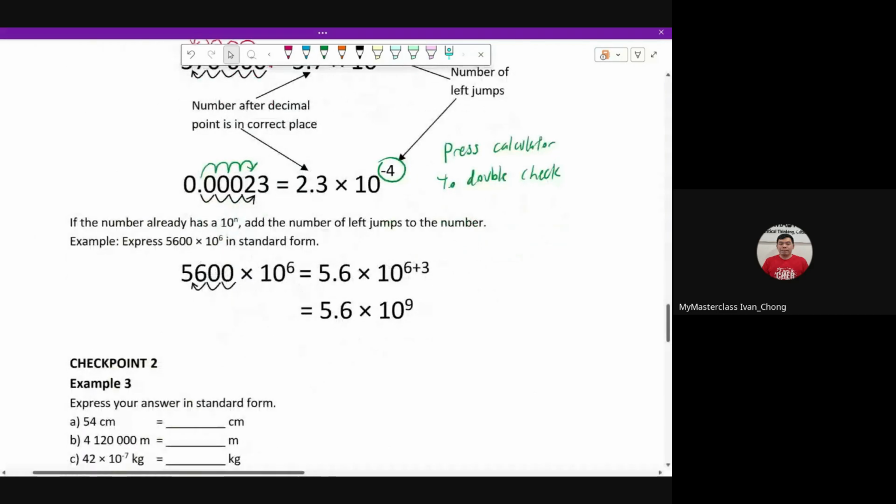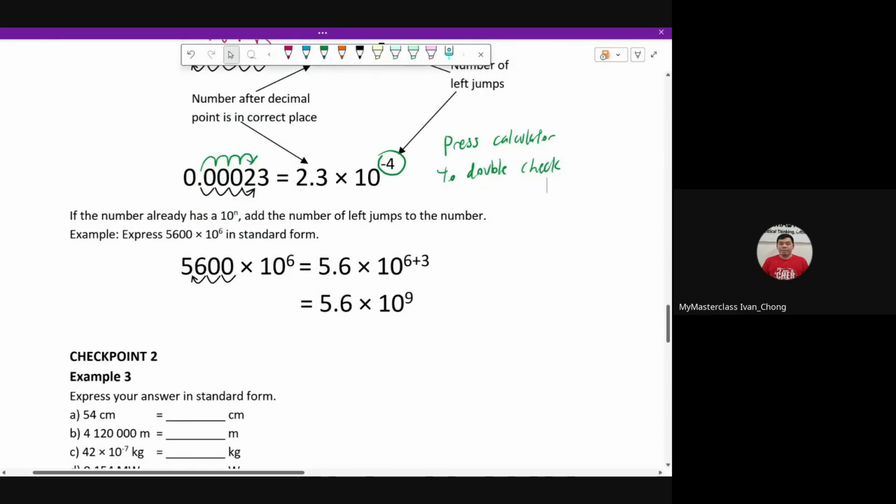Now, it won't always be so simple and straightforward. Sometimes they will give you this. If you already have the 10 to the power 6 over here, the first thing we do is this number on the left is not in standard form format. So 1, 2, 3. We jump 3 times to the left. So it is +3. So we add 3, it becomes a 9, and then your unit will be at the back. That's all. Okay?